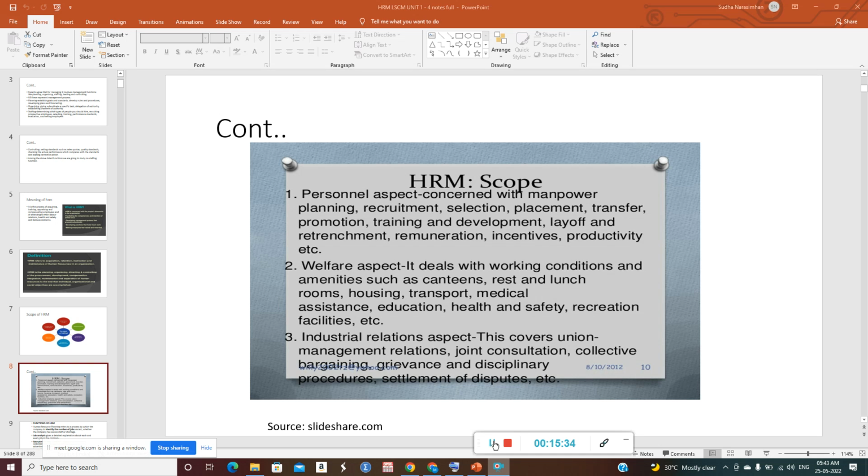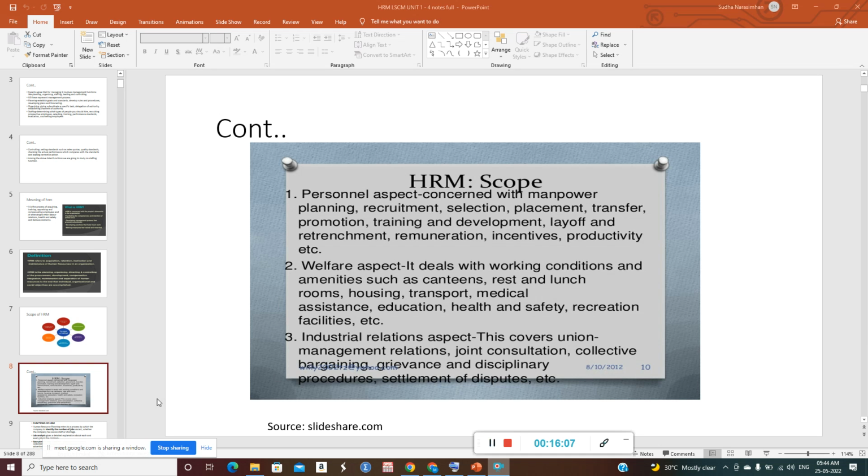So, this is the second scope of human resources management. The industrial aspects, which is the third part, cover union management relations, which is trade unions, joint consultation, collective bargaining, grievances of the employees, disciplinary procedures, settlement of disputes, etc.